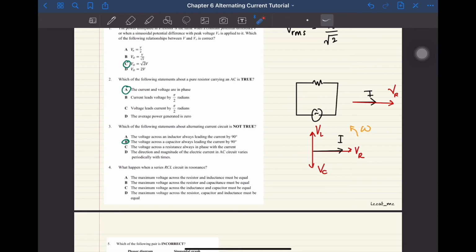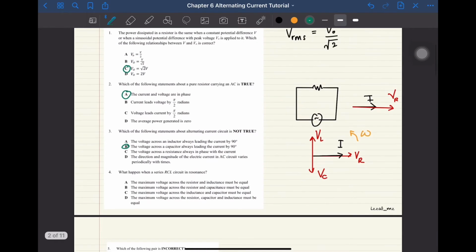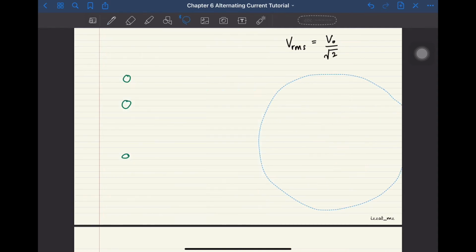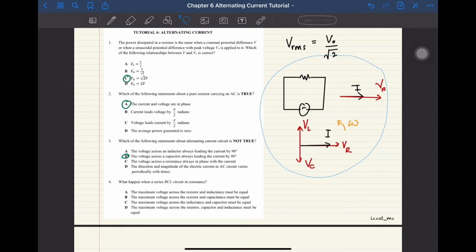Okay, question number 4. What happens when a series RLC circuit is in resonance? I'm going to bring this one a little bit higher. Question number 1, question number 2, and this one for question number 3.